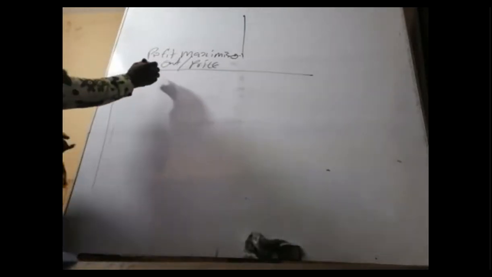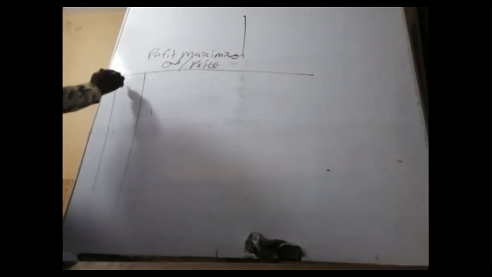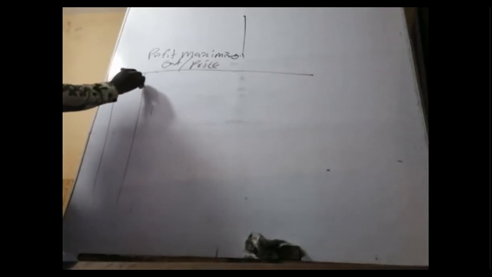Okay, so first we have to go through the output first. So first thing is the output. They've given it to us. Output. Second, find the price. Price of the product.